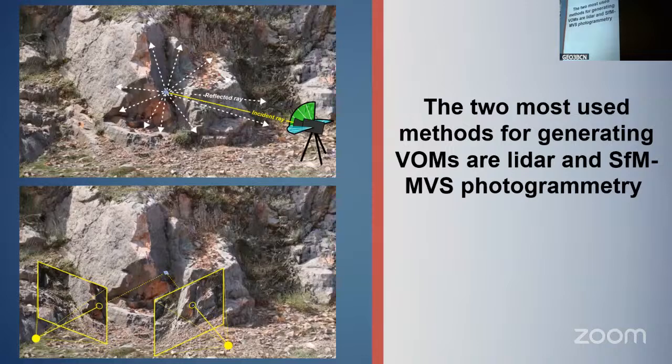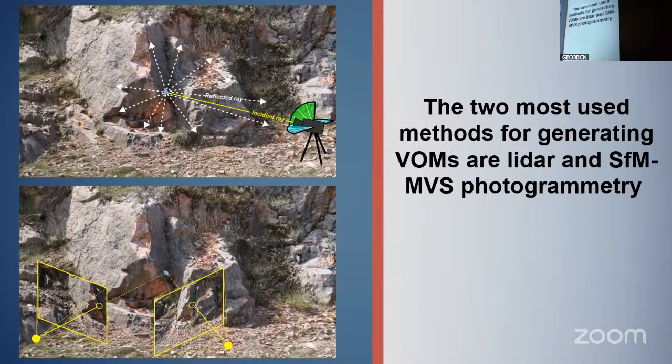Traditionally, there are 2 kinds of technology that we use to build virtual outcrop models: LiDAR and the so-called photogrammetry, which actually should be called structure from motion multi-view stereophotogrammetry, a workflow made of at least 6 steps.